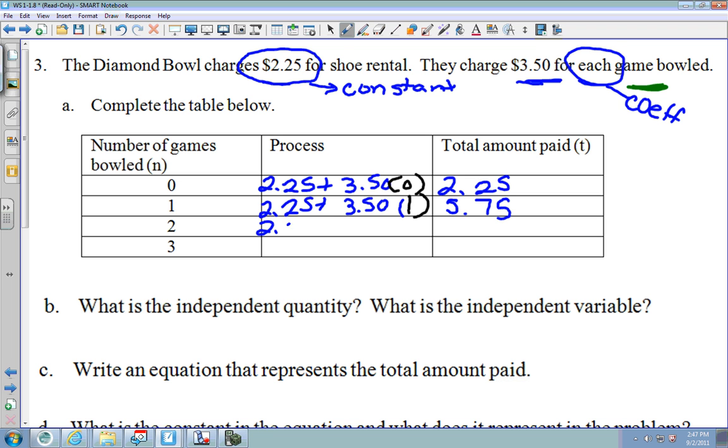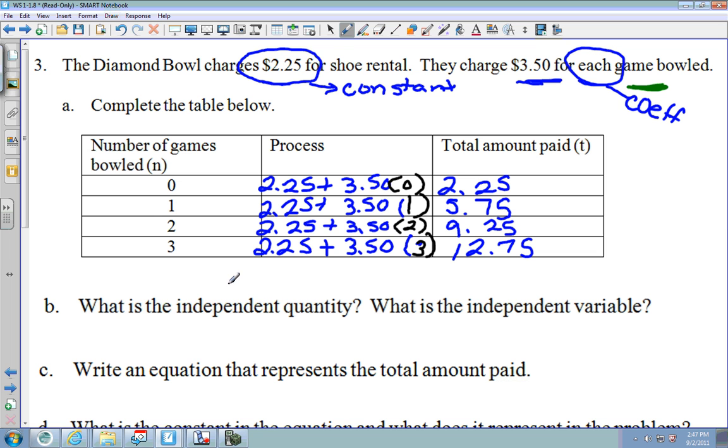Then $2.25 plus $3.50 times 2 games. There, let's see what we should have, $9.25. Next one, I have $2.25 plus $3.50 times 3. We've got $12.75.